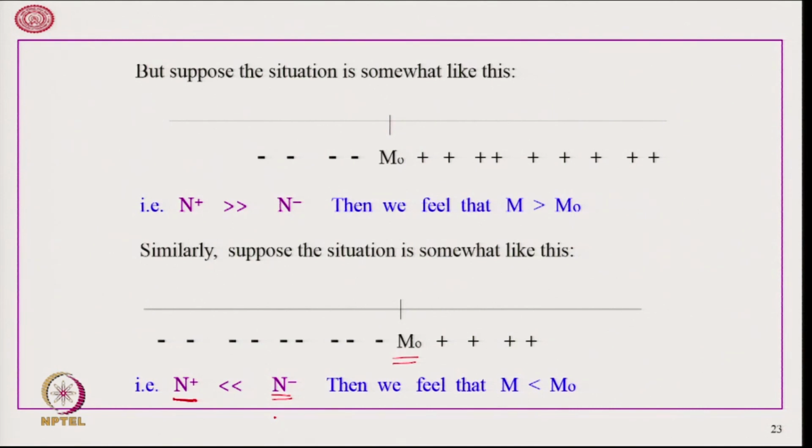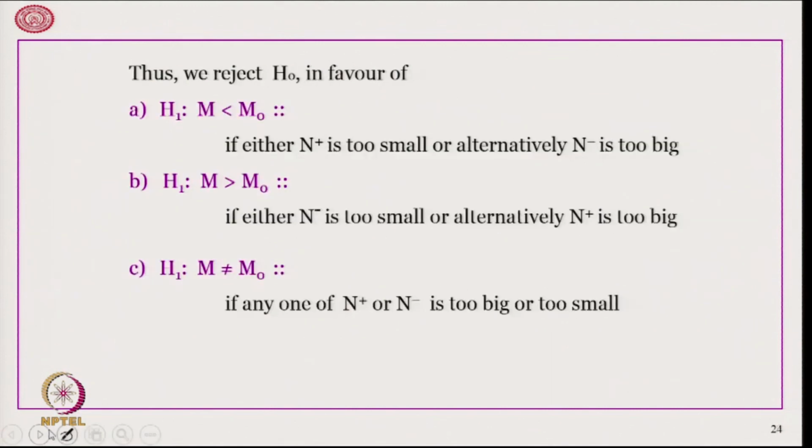Therefore, we would expect the median to come somewhere here, because it is a continuous distribution, in this range, and therefore we would feel that m is actually less than m naught. Therefore, we reject H naught, the null hypothesis, in favor of m is less than m naught, that is the one sided alternative, if either n plus is too small or alternatively n minus is too big.